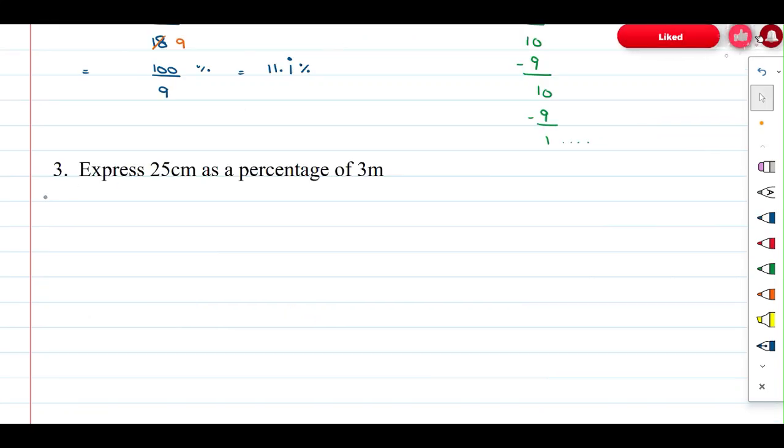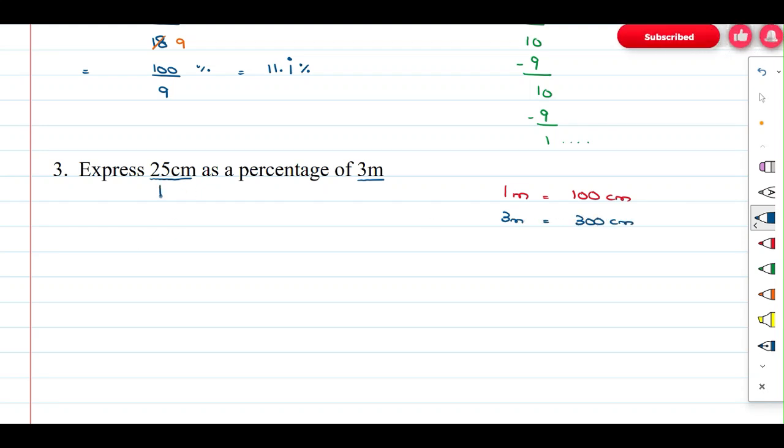Let's practice another example. Express 25 centimeters as a percentage of 3 meters. Again, this is in centimeters, this is in meters. Use the conversion that 1 meter has 100 centimeters. And what about 3 meters? 3 meters has 300 centimeters.